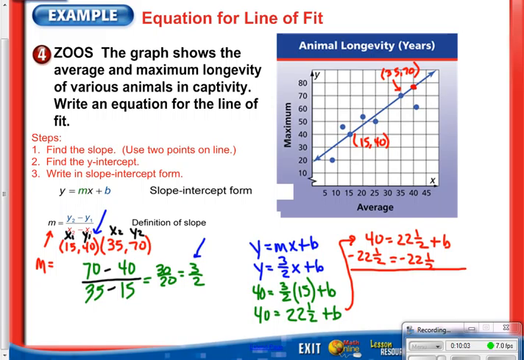And now on the right side of my equation I have b, and 40 take away 22 and a half is 17 and a half. And your last step would be go ahead and write it in as an equation, which would be y equals 3/2 x plus 17 and 1/2. That would be your third and final step, putting it in slope-intercept form.